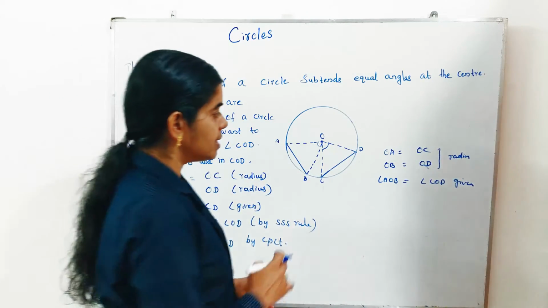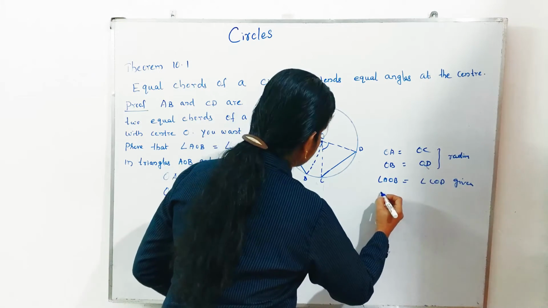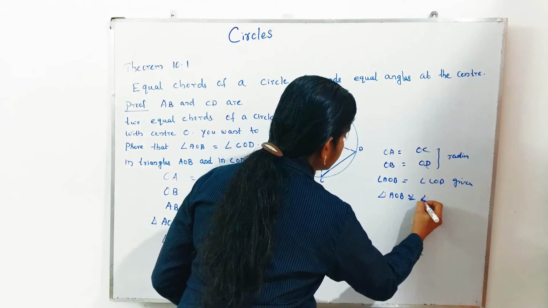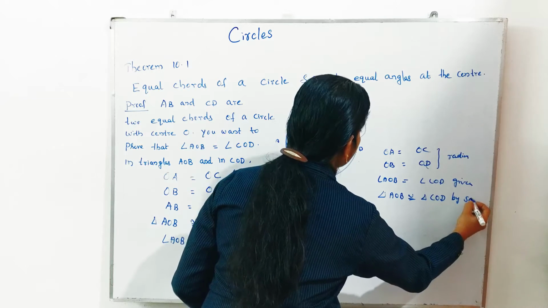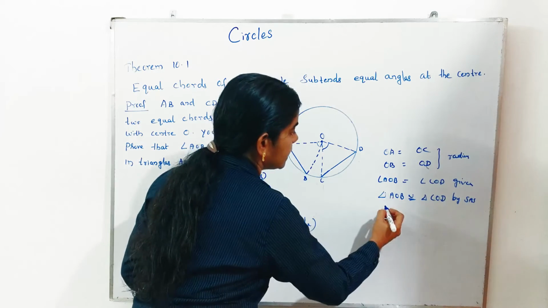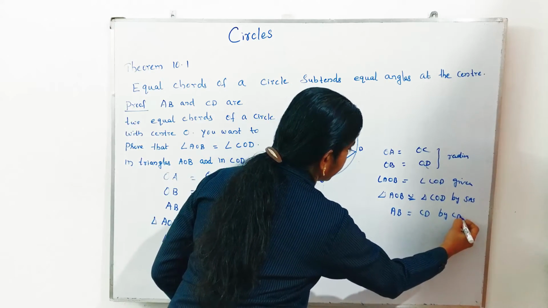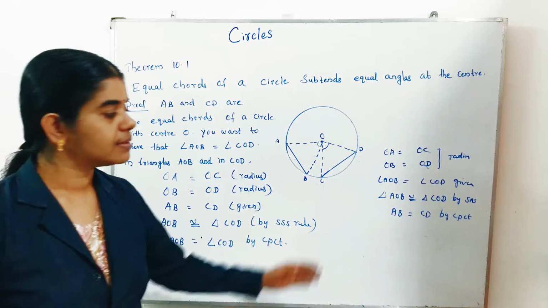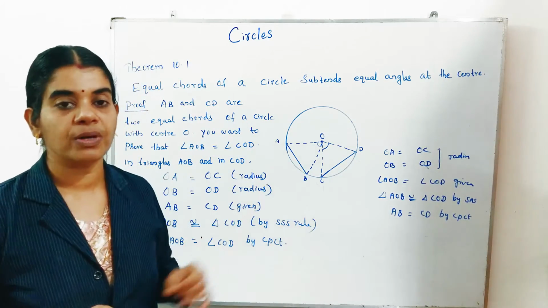Two sides and the included angle, so these two triangles AOB and COD are congruent by SAS congruence rule. Then we can write that AB equal to CD by CPCT. So if two chords make equal angles at the center, the chords will be equal. That also we can prove by the same congruency rule.